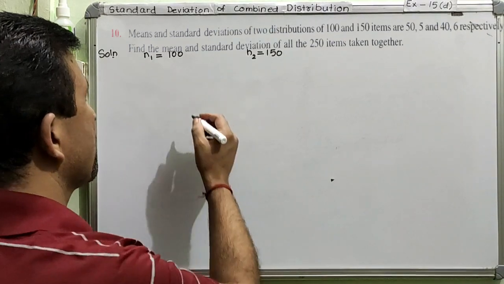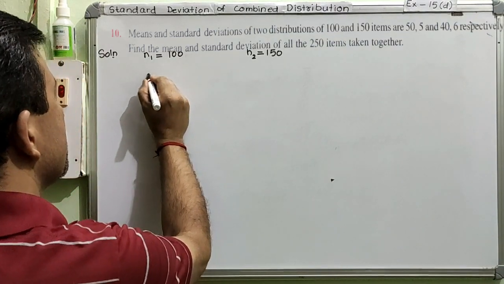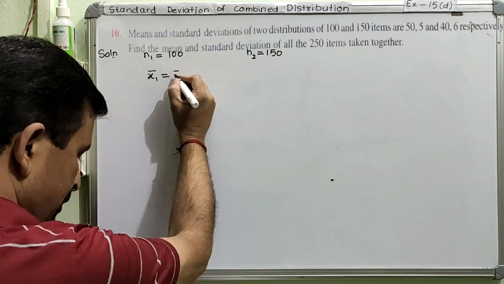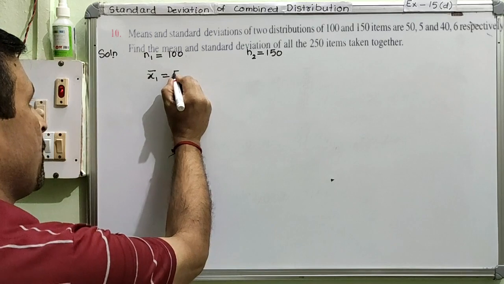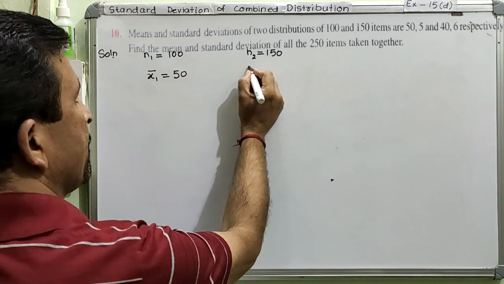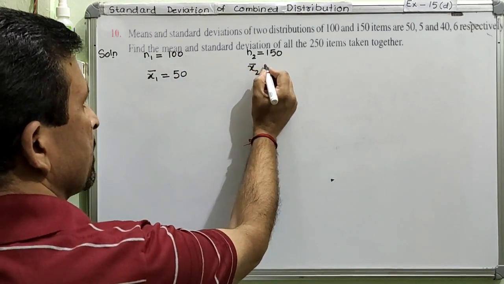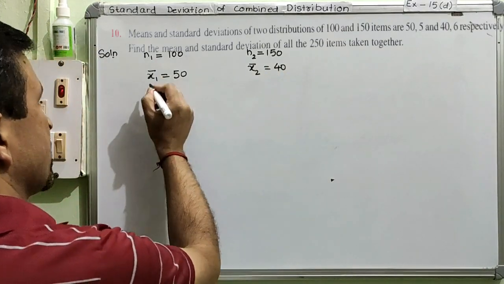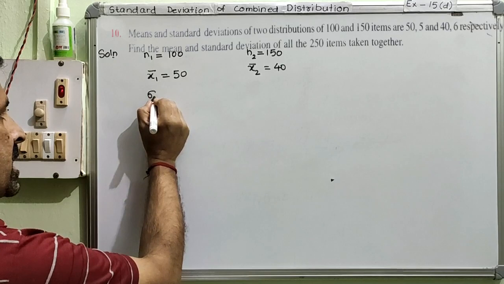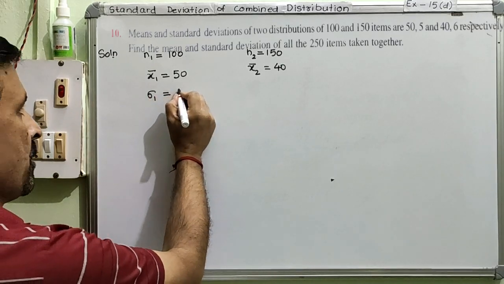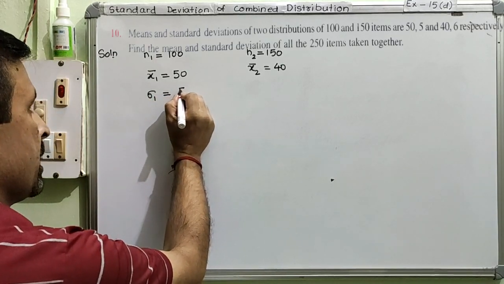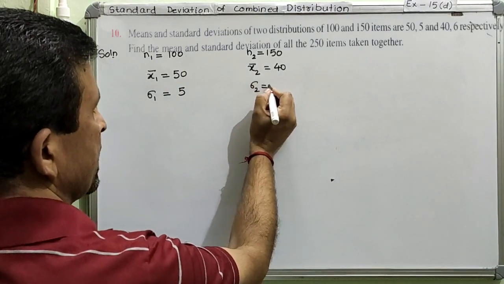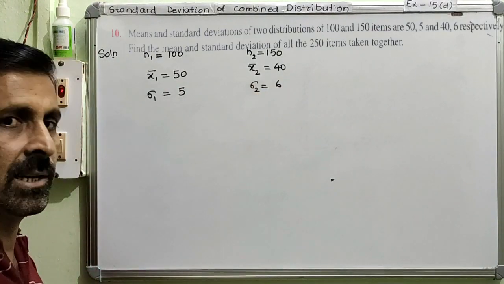The mean x1 is 50, and the mean for the other set of data is equal to 40. The standard deviation for the first one, sigma 1, is equal to 5, and the standard deviation for the other set of data is 6. So we have this information.